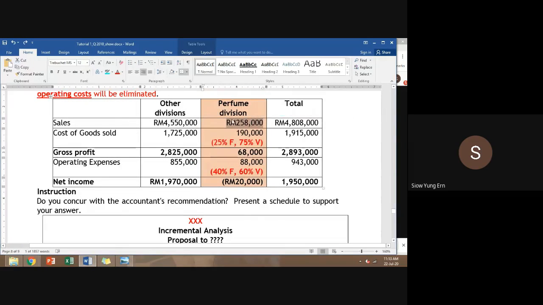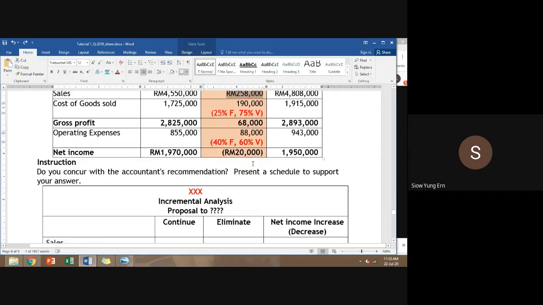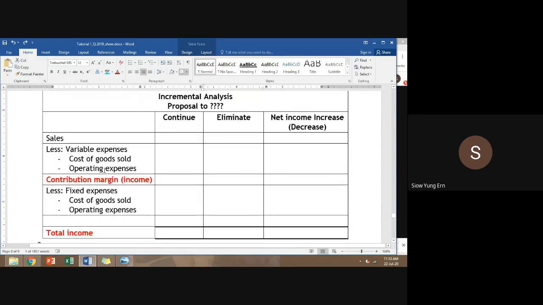Class, don't look at any other divisions. We look at perfume, so 258,000. Next, I want to less variable expenses.